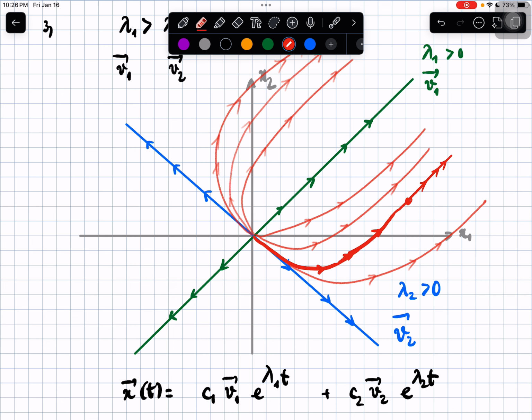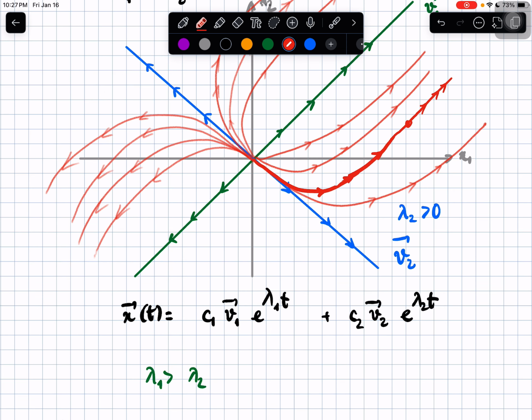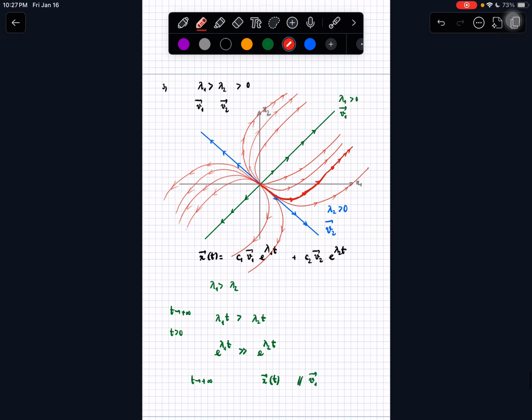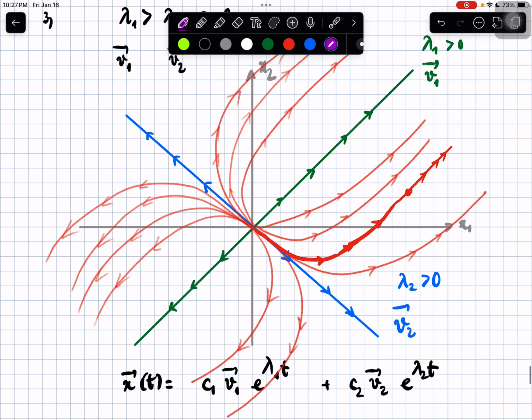Same for the other two sides. And in this case, you see that everything goes off to infinity. It is a source: improper nodal source, origin.